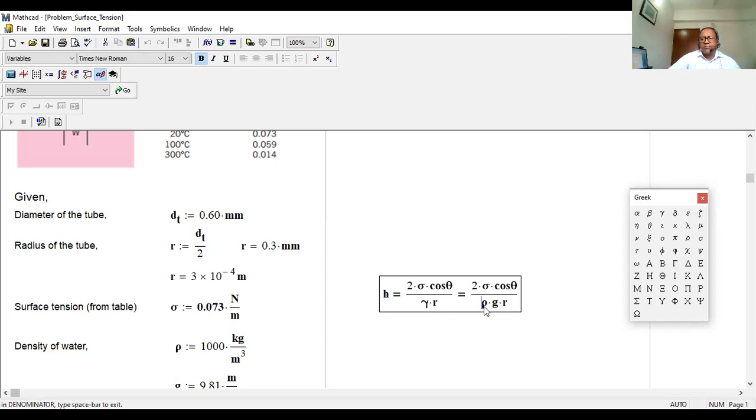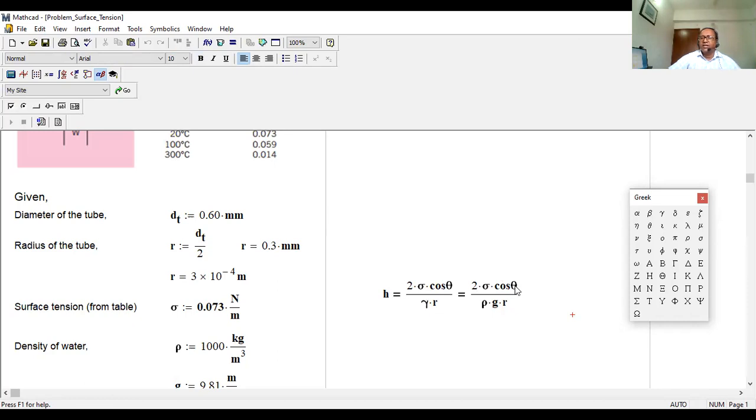Similarly, if the density of the fluid, the gamma value, is increased, the fluid is more dense here, and the value of h will be extremely low. And it also depends on this theta. If theta is 90 degrees, then h will be how much? 0. Cos 90 equals 0.